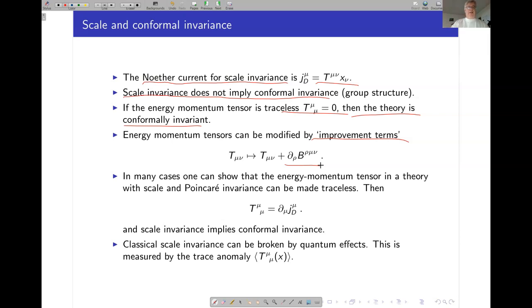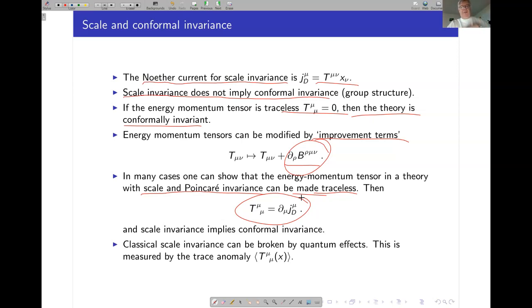Now one knows examples of conformal field theories, and this amounts to analyzing often the situation given a theory with scale and Poincaré invariance. The question is, can I find improvement terms so that I can make the energy momentum tensor traceless? If one is in this setup, then indeed scale invariance and conformal invariance are the same, because once you have all these conditions satisfied, the trace of the energy momentum tensor is just the divergence of the dilatation current.